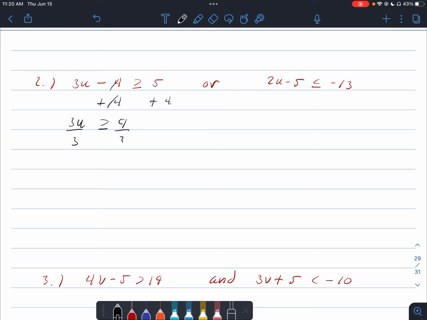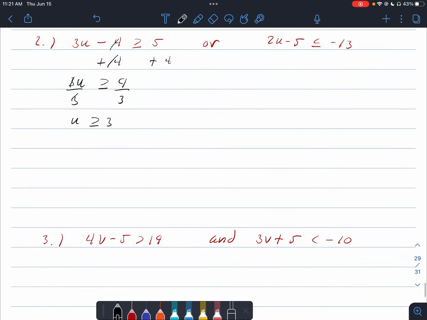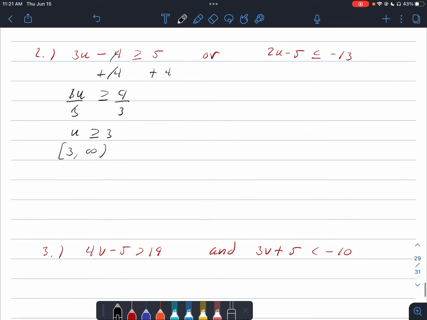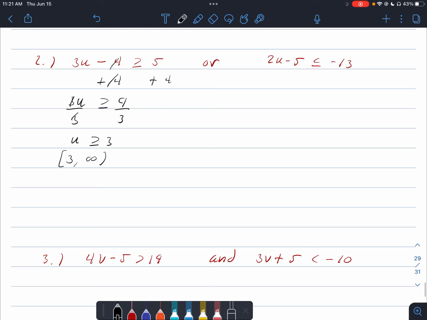So now we can divide both sides by 3, and we have u is greater than or equal to 3. Okay, so let's write that in interval notation. So we have all values of u that are greater than or equal to 3. So we'll do a bracket, then 3, and then we'll have infinity.